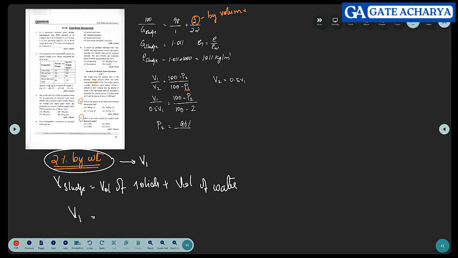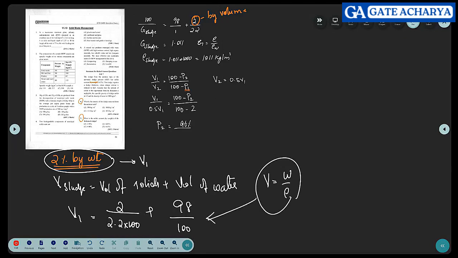So V1 is equal to 2 divided by 2.2 into 1000 plus 98 divided by 1000. Volume is equal to weight by density. Using this relation, we are developing this case. So from here, solve for V1.